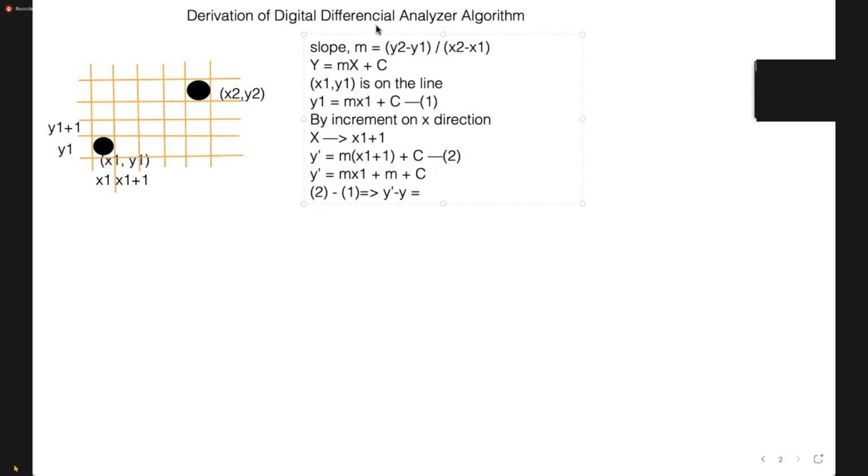You can clearly see that these two will cancel out with each other, c and c cancel out.